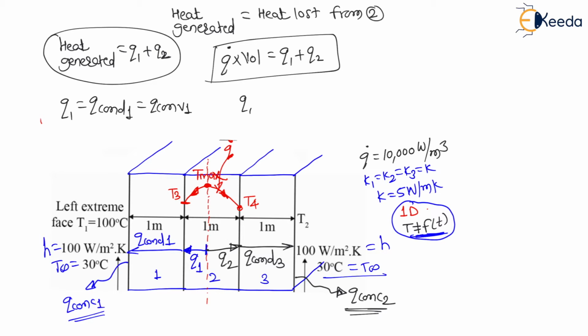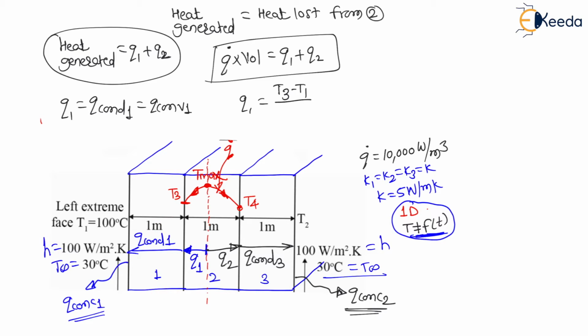Therefore, my dear students, this Q1 can be written as follows. Conduction heat transfer that we have seen is nothing but temperature difference divided by resistance. For the first slab, the temperature difference is T3 minus T1, divided by the resistance of this slab.